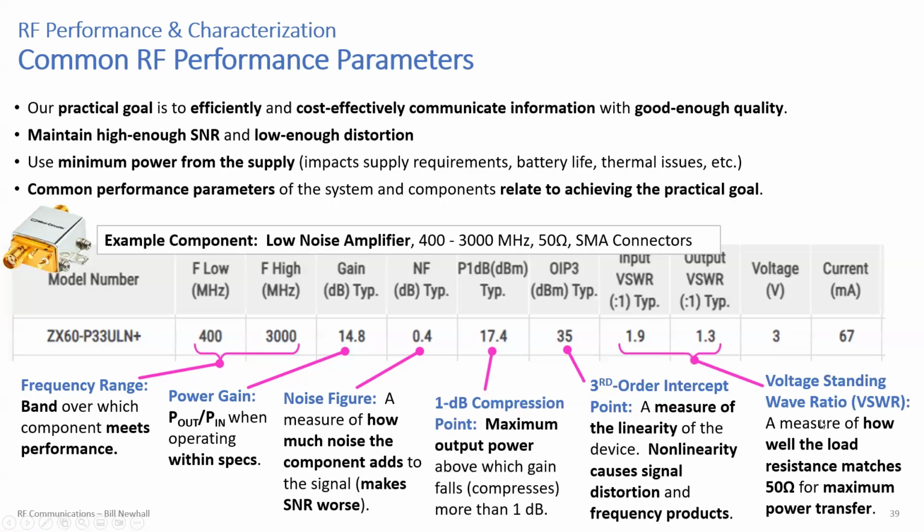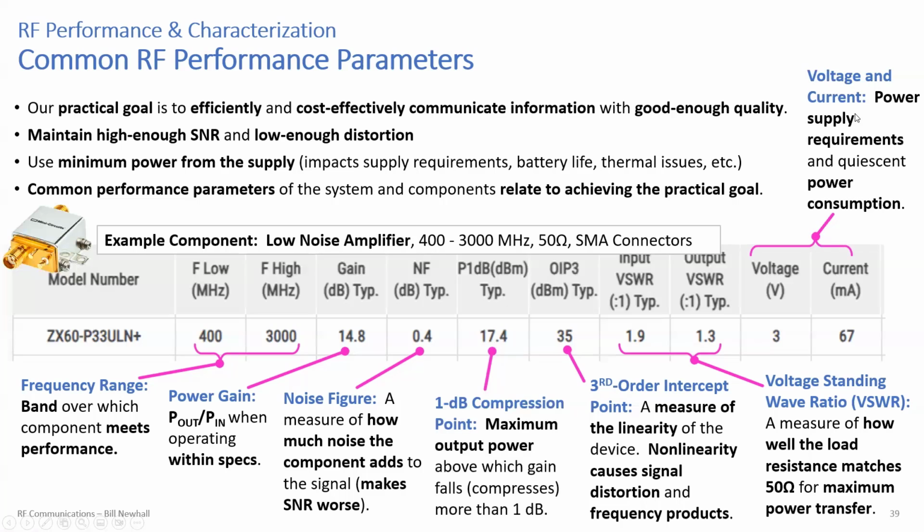There's voltage standing wave ratio, VSWR. Some people just call this SWR. But VSWR is a measure of how well the load resistance matches 50 ohms for maximum power transfer. So the input VSWR is really how well the input of this amplifier matches 50 ohms, and the output VSWR is how close the output impedance, that Thevenin resistance, is to 50 ohms if it's a 50 ohm amplifier.